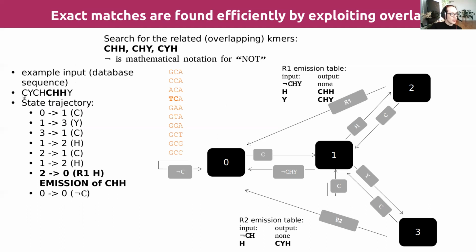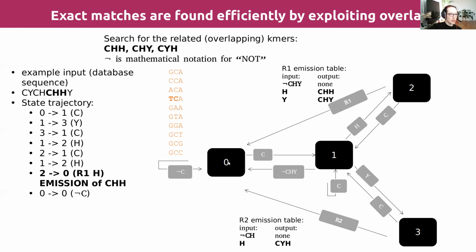If we're beginning the search, say, for CHH, CHY, and CYH, and this is our database sequence, we would start out looking at the C here. And the system doesn't see anything that's going to happen downstream. So all it can see at this particular instant in the program is that there's a C base here, and it knows that therefore it is only 2 bases away from potentially discovering one of our target 3-mers.